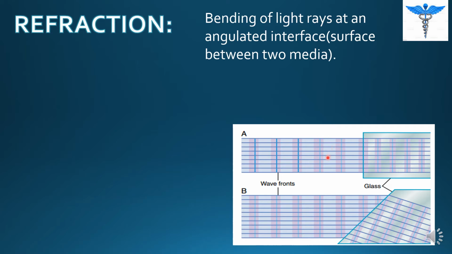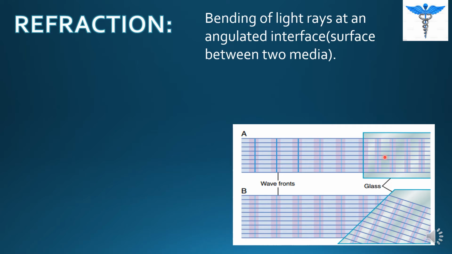So this wavelength is greater as compared to this wavelength. If you take two compressions, the distance between them is called the wavelength. And over here, this wavelength is greater as compared to this one, which is shorter.